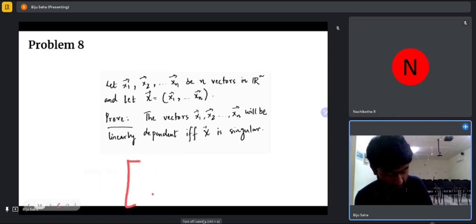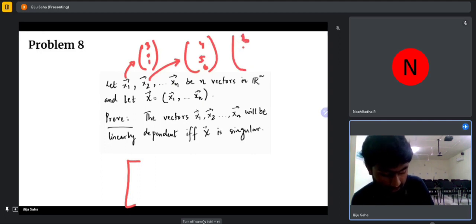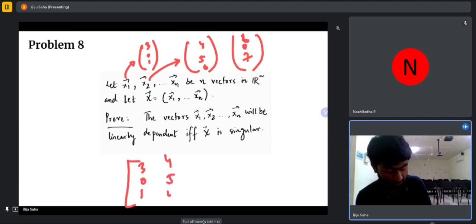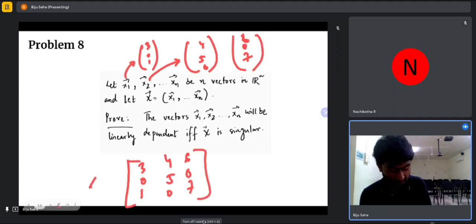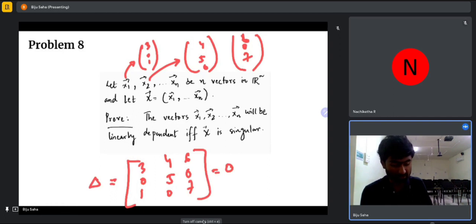Let's say x1 has 3 components, 3 0 1, x2 is 4 5 0, and x3 turns out to be 6 0 7. This matrix has the vectors written as columns. If this matrix determinant is singular, equal to 0, then these individual vectors are linearly dependent. That is something we can do just by looking at the determinant.